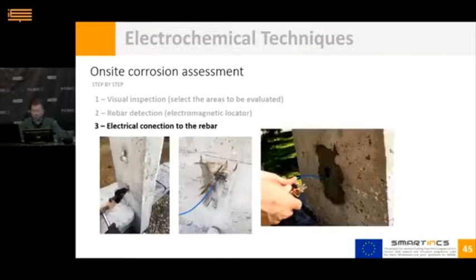Thirdly, we choose a point on the structure in which to punctually remove the covered concrete to establish electrical connection with the reinforcement. If further inspections are expected, it is advisable to keep the connection inside a waterproof box or similar that can be easily accessible later.